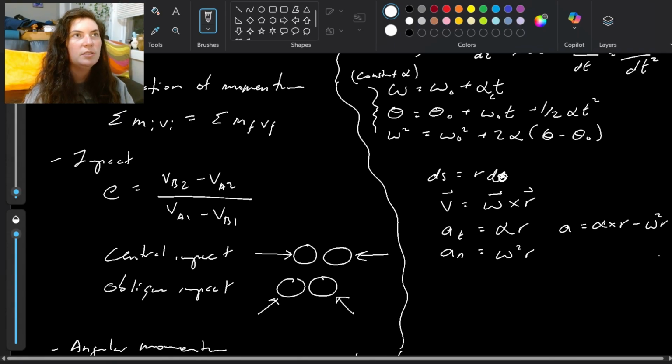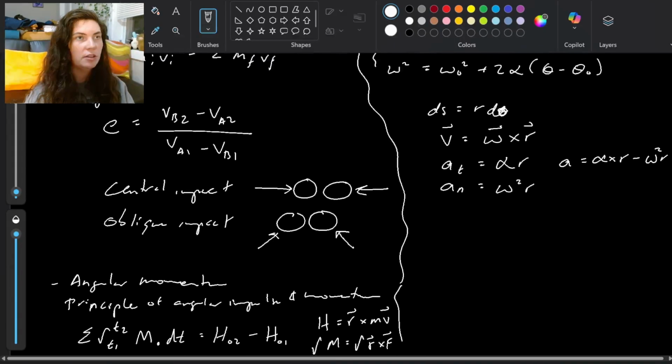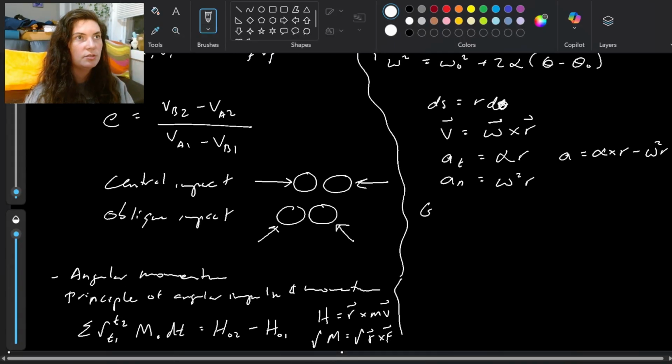And then we had one special case in our rotation about a fixed axis, and that was gears and gear ratios. So understanding gear ratios, how those are used, when those are used. The most common gear ratio you see is omega A times RA equals omega B times RB.